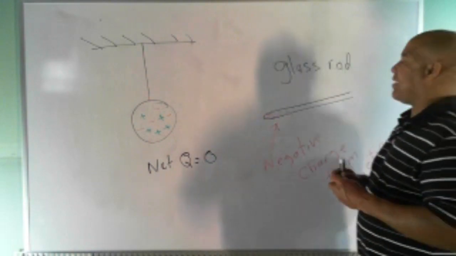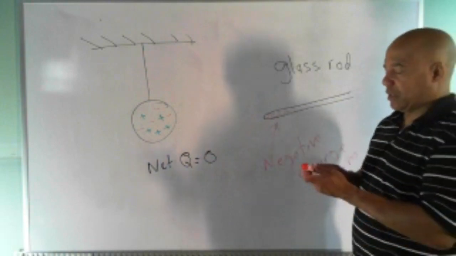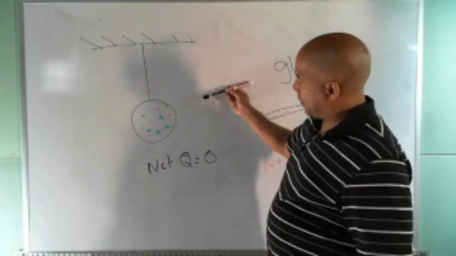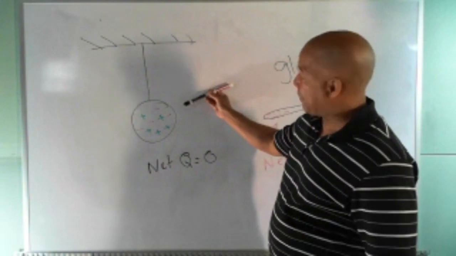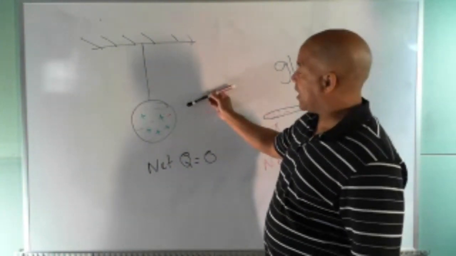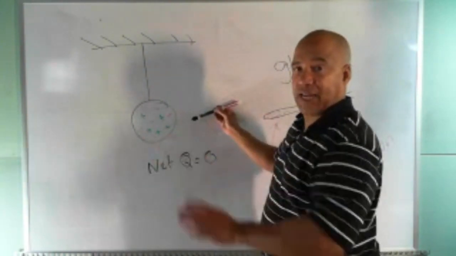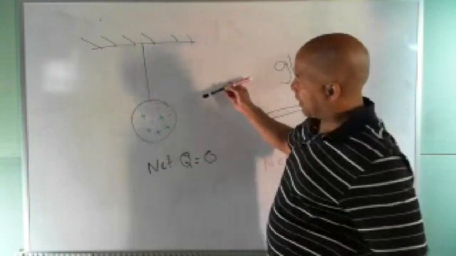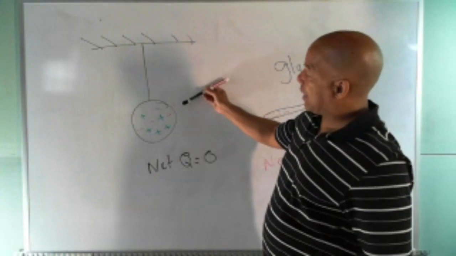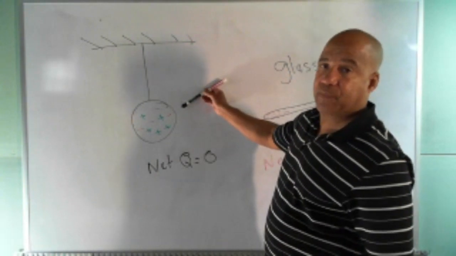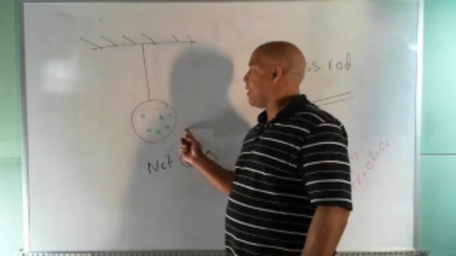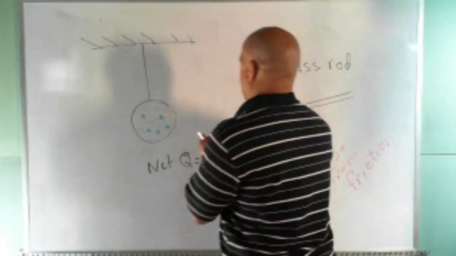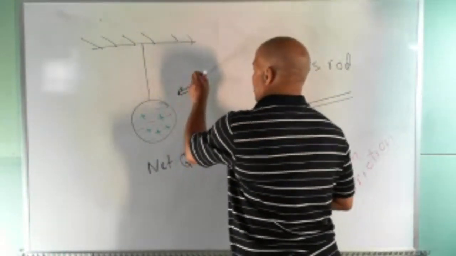So once I've charged this to be negative, I'm going to take that glass rod and put it over near here, like that. I'm not going to touch it, because if I touch it, there could be a transfer of electrons. I don't want any electrons going from here to there. I just want to get near it. When I get near there, what's going to happen, if you think about it, I mentioned that this is a metal sphere. This is metal. That's important. It's metal.